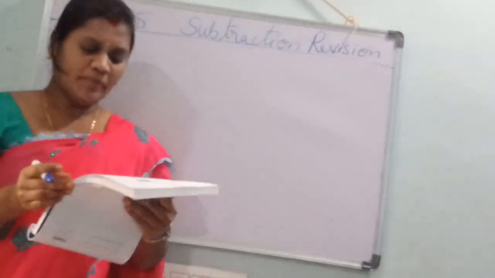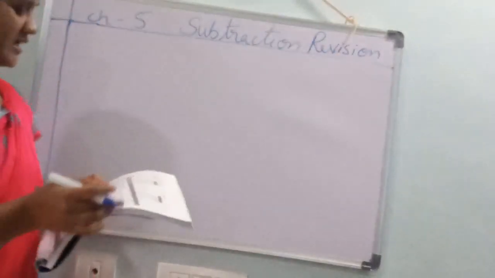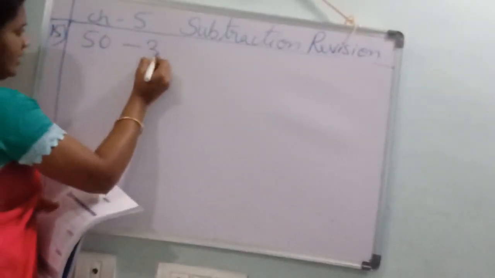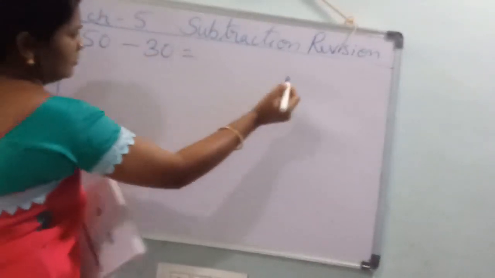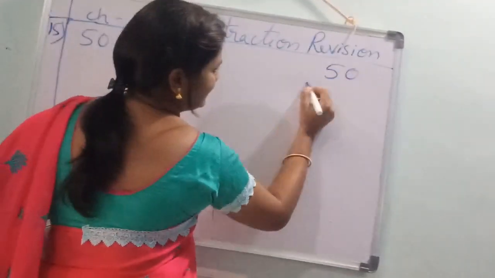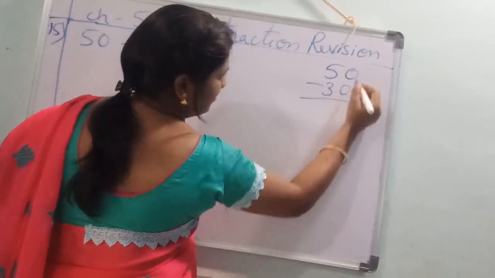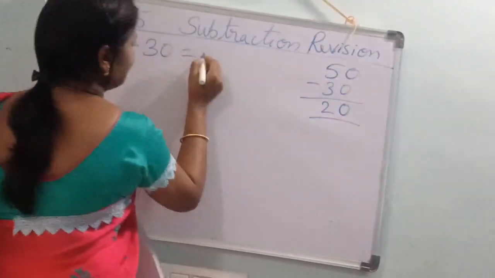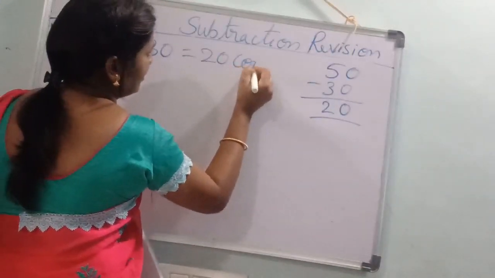How many cones are left in a jar? See, there are 50 cones. Minus 30 cones is equal to 50 minus 30. 0 minus 0, 0. 5 minus 3, 2. What is that answer? 20 cones remain.